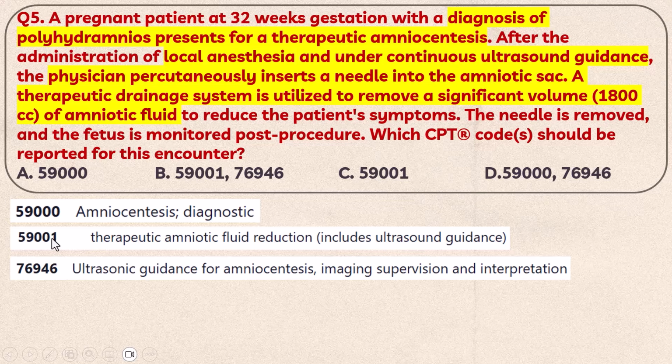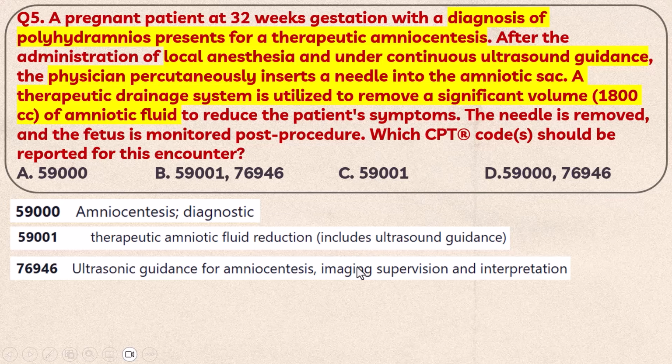So when you go to the code 59000, that is amniocentesis diagnostic. But in your case, the amniocentesis is for therapeutic. So 59001 is therapeutic amniotic fluid reduction includes ultrasound guidance. So this is the correct code for this procedure. When you look at the code 76946, that is ultrasound guidance for amniocentesis, imaging supervision and interpretation.